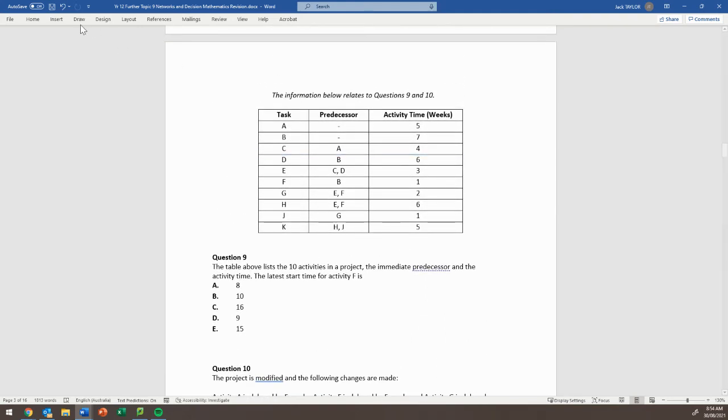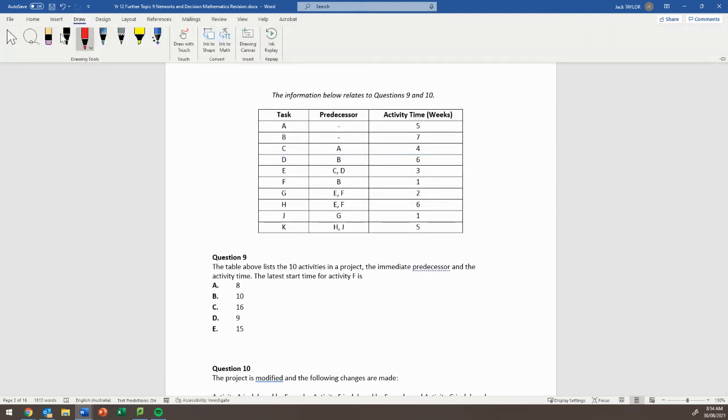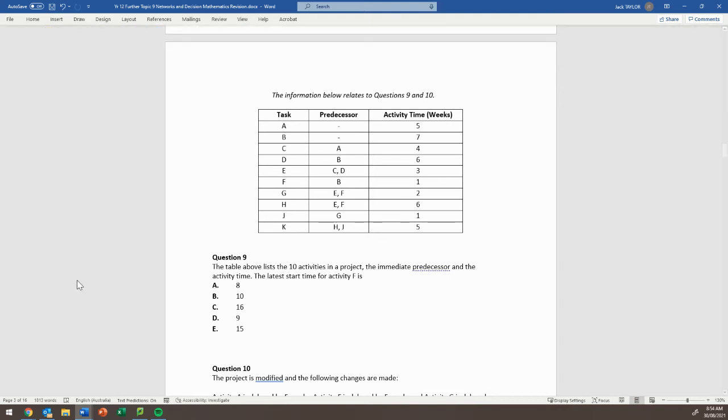Might be easiest if we draw this one. All right, so A and B. And coming off each of those, we have C and D. Now we have E come off C and D, so they're going to match up.